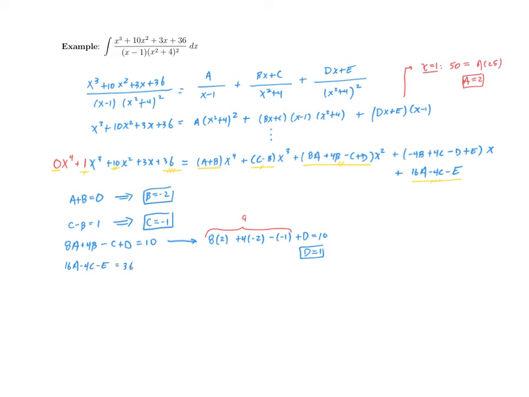And this once again, let's substitute in a few values. We already know that a is 2, and we know that c is minus 1. 32 plus 4 gives us a 36, and 36 minus e equals 36 is only possible if e is equal to 0.